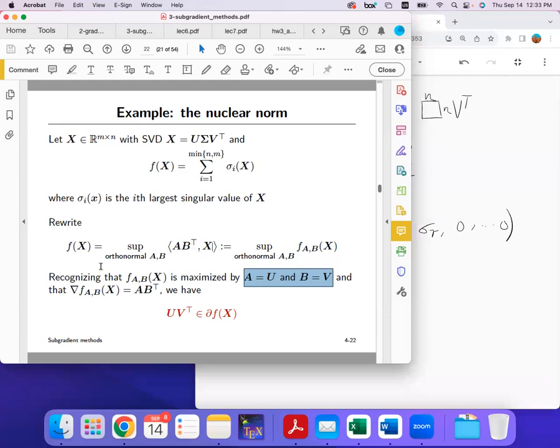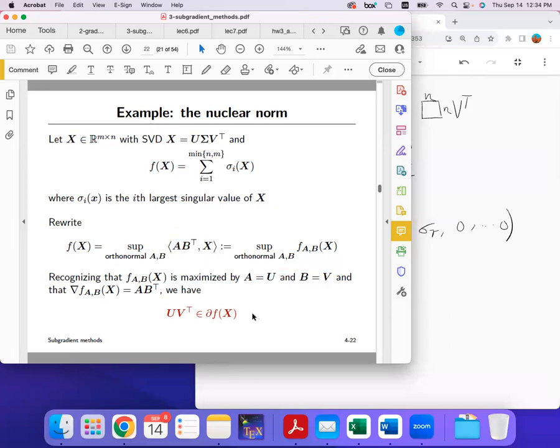Also, the gradient of this linear function with regard to X is basically this coefficient A B transpose.